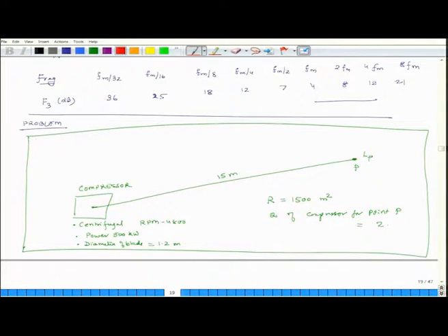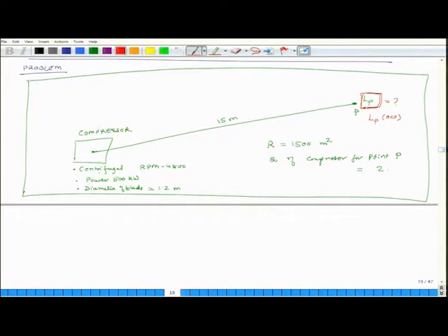So, the question is that with all this information, please find out what is the sound pressure level at this location LP. The other thing is, please find out also for each octave band what is the sound pressure level. So, once again you have a compressor which is centrifugal in nature, running at 4800 RPM, power is 500 kilowatts.